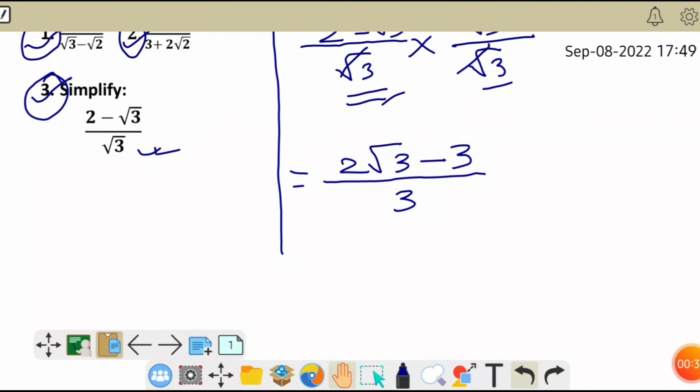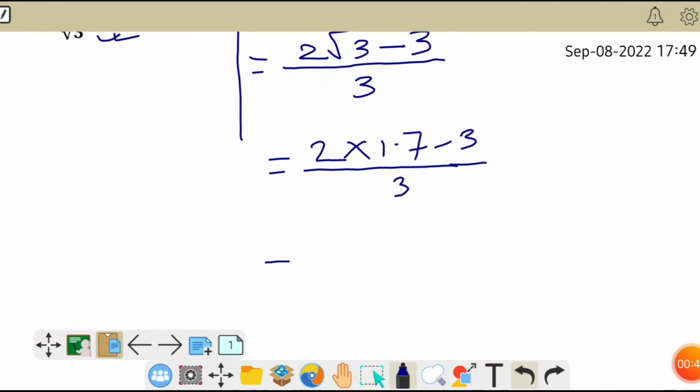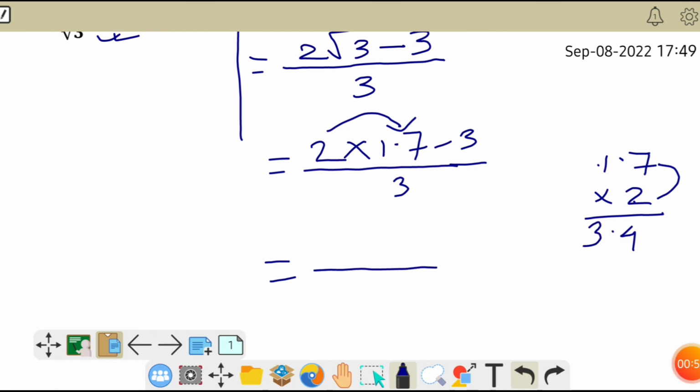So here we have to put the value of root 3 here. 2 into 1.7 minus 3 upon 3. Now multiply 1.7 by 2. 1.7 into 2, that is 2 7's are 14, 2 1's are 2 plus 1 is 3, 3.4. 3.4 minus 3 by 3.